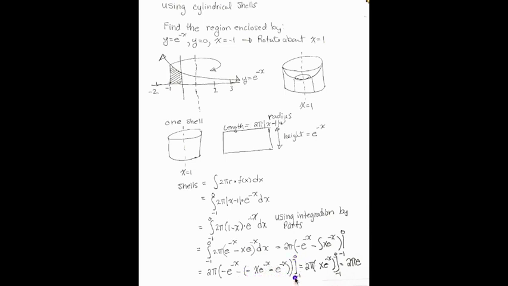And then we evaluate from -1 to 0. Because I have this negative and this negative, I have a negative e to the negative x plus e to the negative x. So these drop out. And then this negative and this negative make a positive xe to the negative x. And then, of course, I'm going to keep carrying down my 2 pi. So now when we evaluate this from -1 to 0, when I plug in a 0 to this, it's just 0.